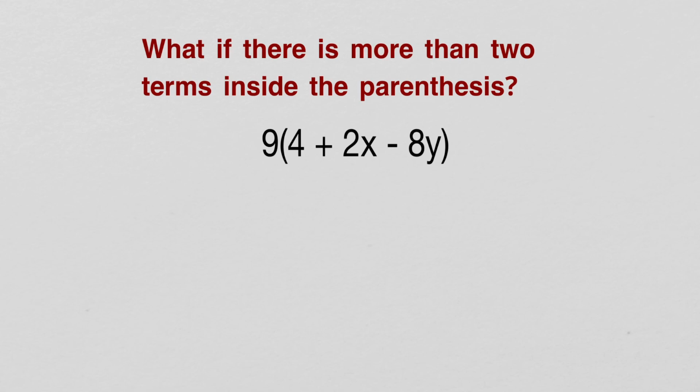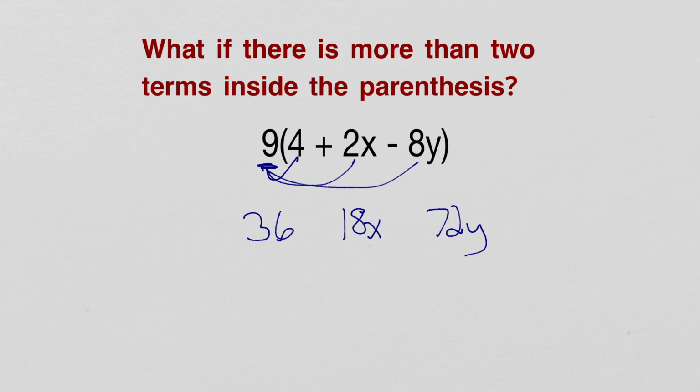So in this case, I'm just going to take this 9, and I'm going to have to multiply 3 times. So I'm going to say 9 times 4, and that's, of course, 36. I'm now going to do 9 times 2x. 9 times 2x would be 18x. And now I'm going to do 9 times 8y. 9 times 8y is 72y.